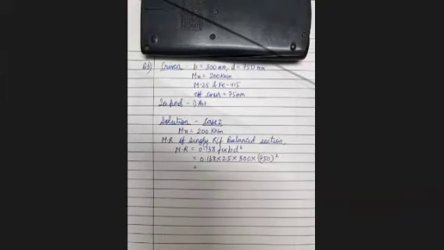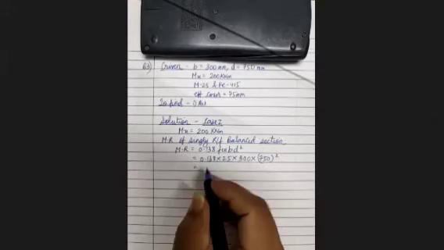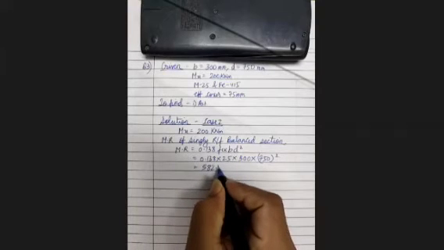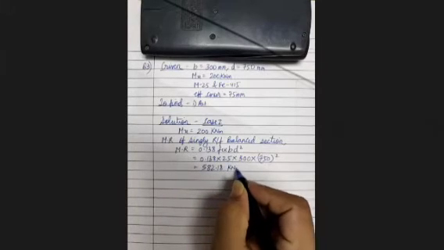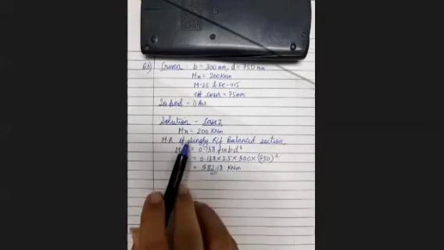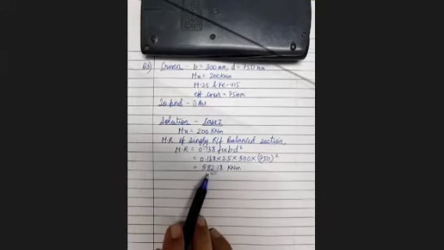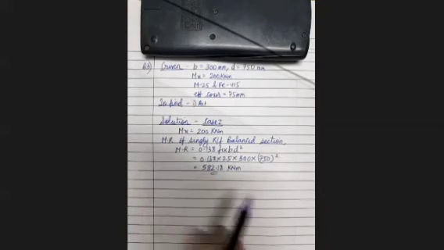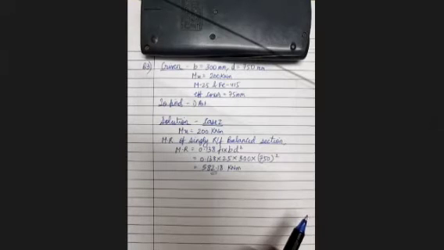Yes, give me the value. 582.18. Okay, 582.18. So now tell me, this is the acting moment and this is the capacity of the section. So by comparing this, what can you conclude? Anyone?